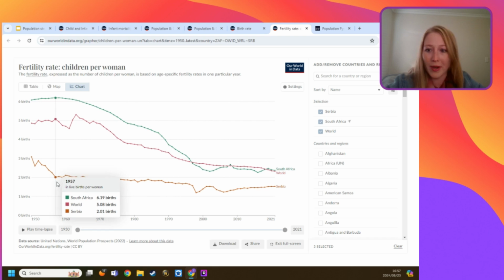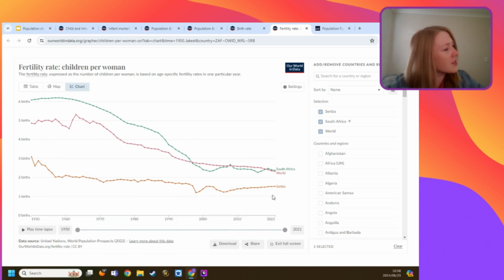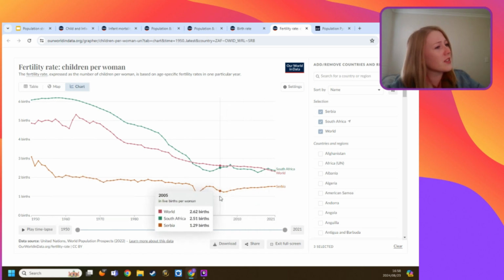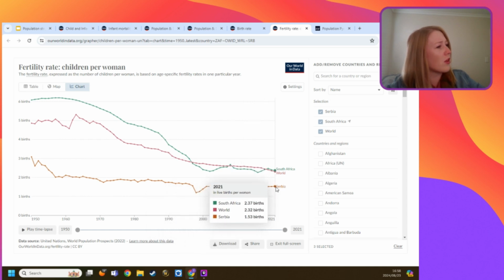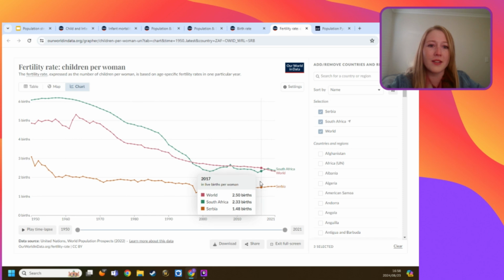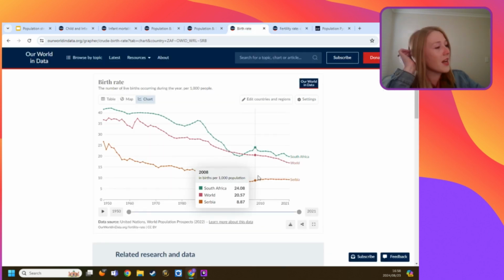So they haven't been having enough kids to sustain the current population. Since 2005, it's slowly increasing again. That's interesting. And the birth rate seems to have stabilized as well.